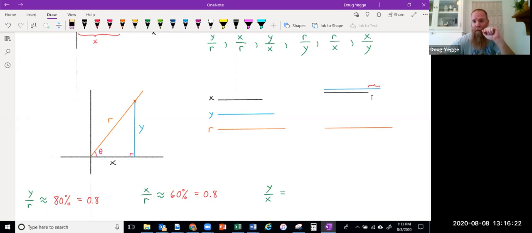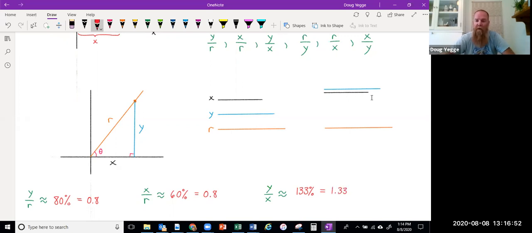So it looks like y over x is approximately, and I should make sure to say approximately, 100 and 33% the size. But notice we typically don't write it as a percent, so instead we would write this as 1.33.